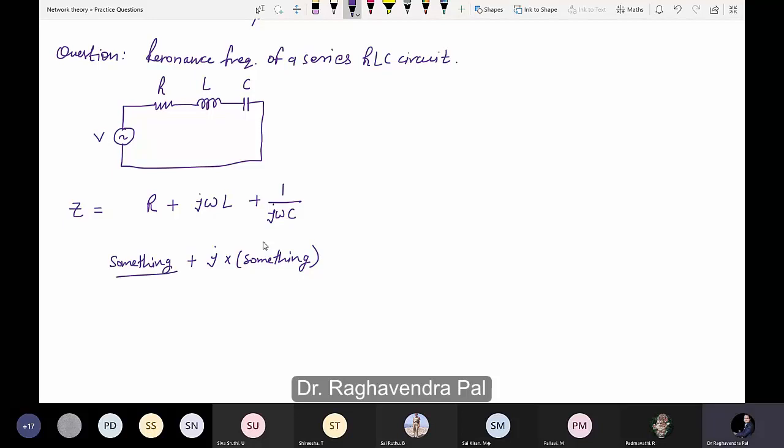Both something might be different. It may be some constant, or with some variables, because we are using variables here, R, L, and C. Obviously, variables will be there. So, for calculating resonance frequency, this real part we do not want, only the imaginary part.